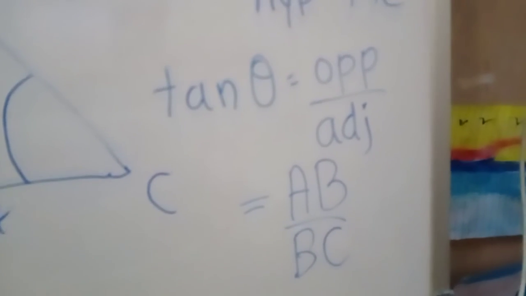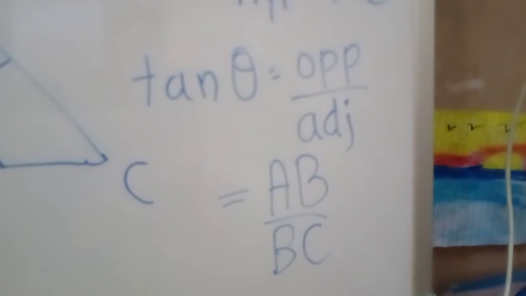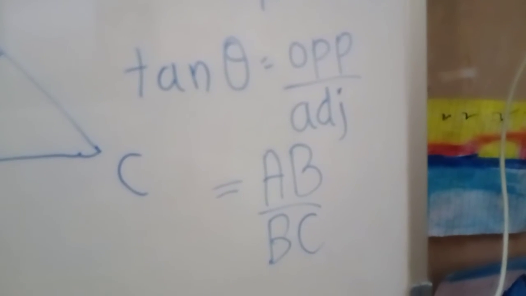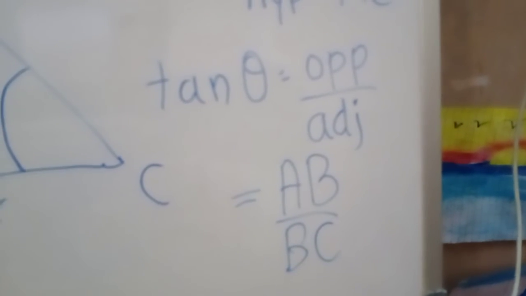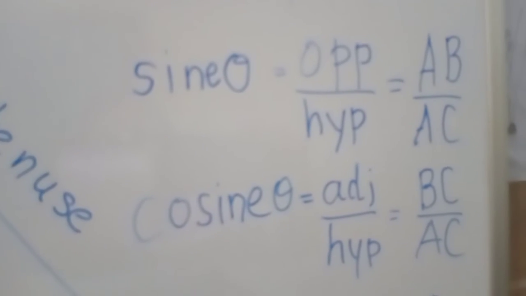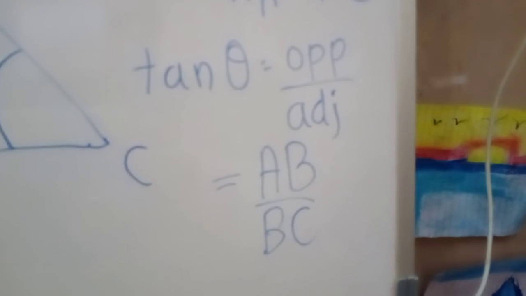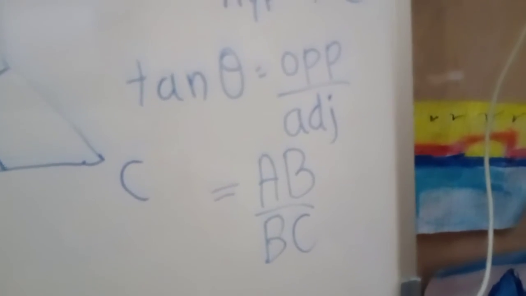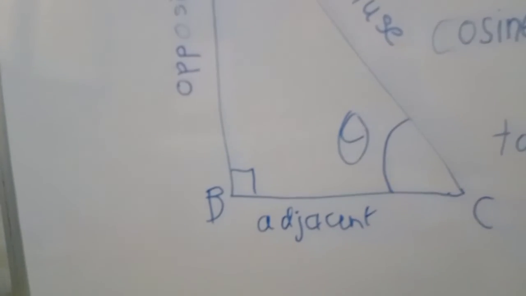Finally, the third one and a very important ratio, tan theta. Tan stands for tangent. Tan is the short form of tangent. Cos is the short form of cosine, and sin is the short form of sine. Tan theta is equal to opposite by adjacent side, that is equal to AB by BC in this triangle.